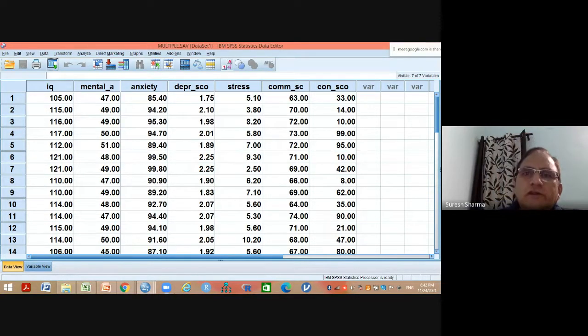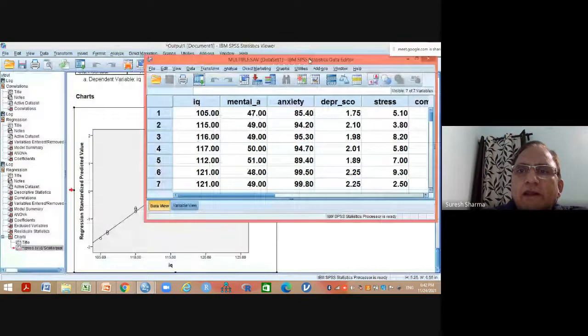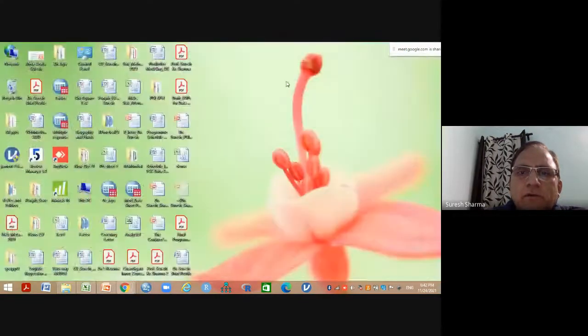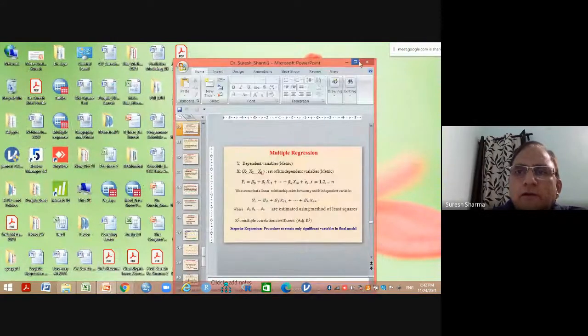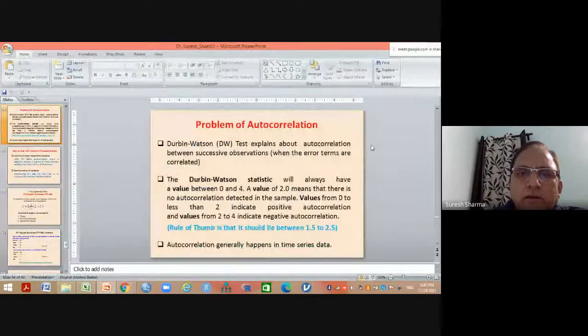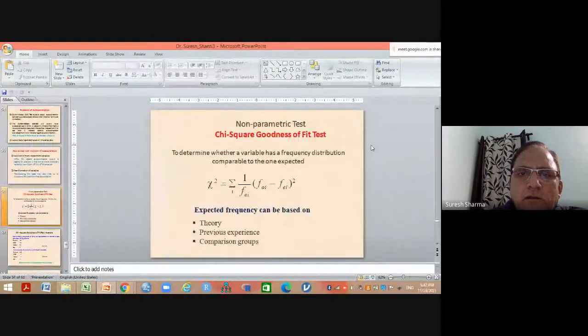So if there is no other question, let me move on to my last topic, chi-square, and then I'll stop. So here we were. This is chi-square.